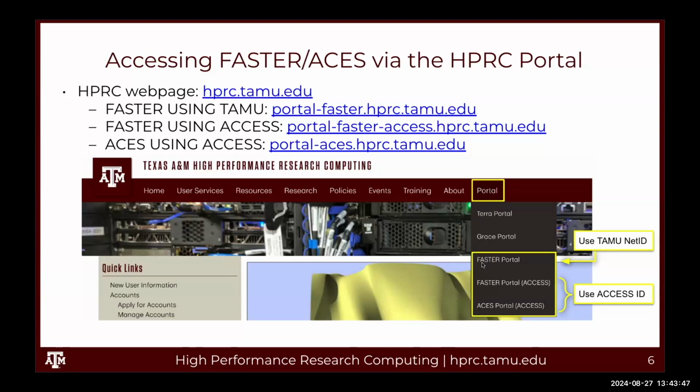You can see the FASTER portal here, and the ACES portal here. For FASTER, you need your TAMU NetID. But if you're not a TAMU user and you have an ACCESS ID, you can access the FASTER cluster using your ACCESS ID. Same goes for ACES. You can use ACES using your ACCESS ID. And these are the links provided in the slide to access these clusters.